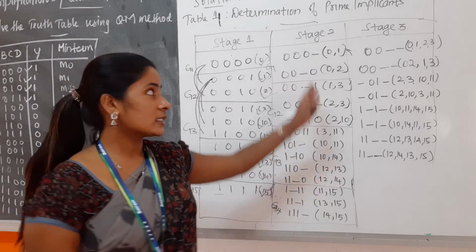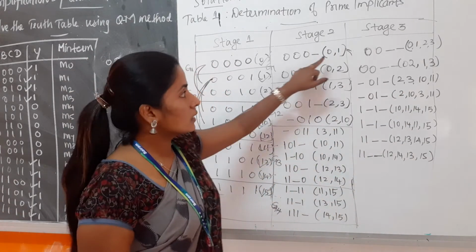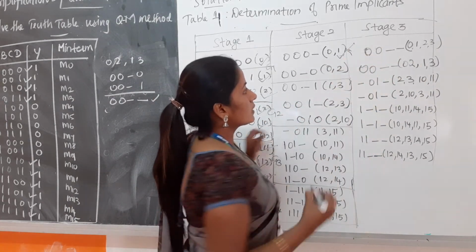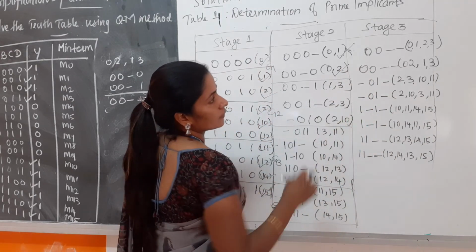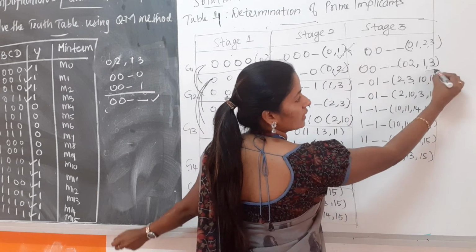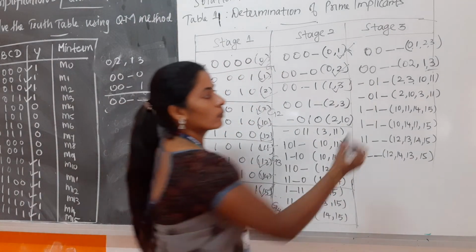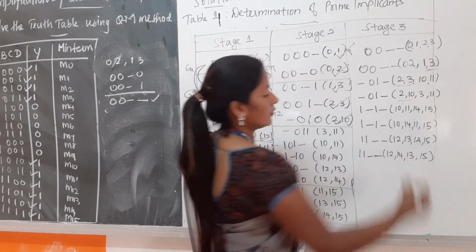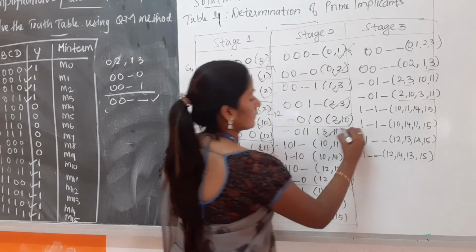Again in the same way, stage 2 min terms should be covered by stage 3, so I have to check. 0 1 is covered, so tick. 0 2 covered here. 1 3 is covered. 2 3 covered. 2 10 covered. 3 11 covered.